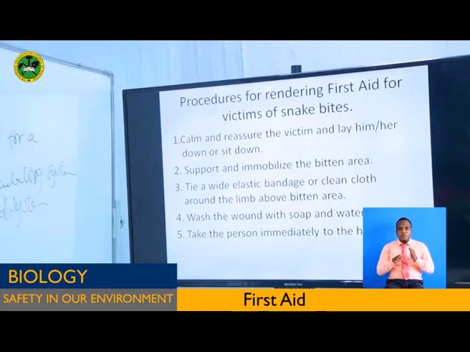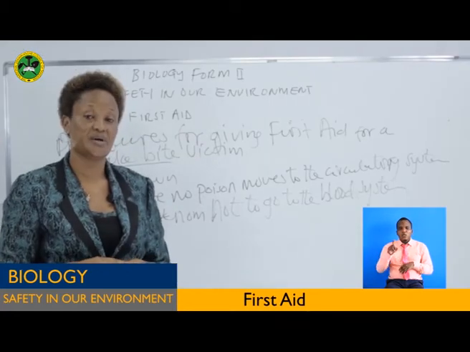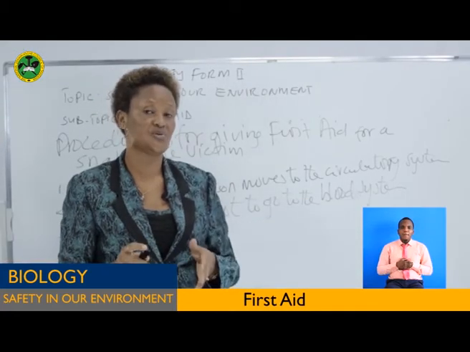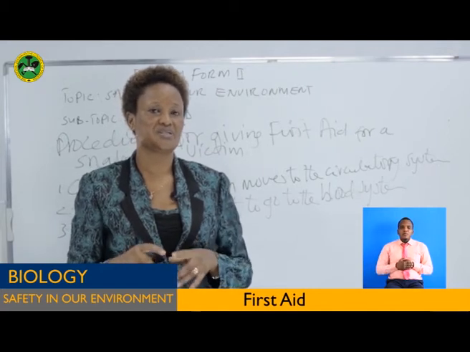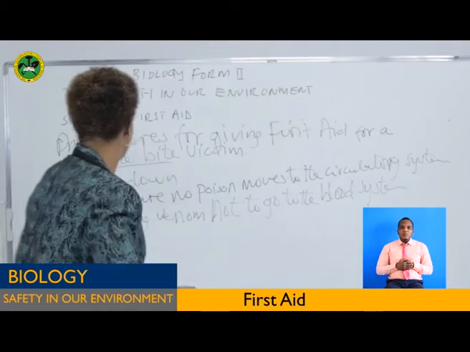And my dear students, you can mention the other step. Wash the wound with soap and water. Why do we wash the wound with soap and water? Soap and water will neutralize the acid and also will try to remove the venom which is around the wound.